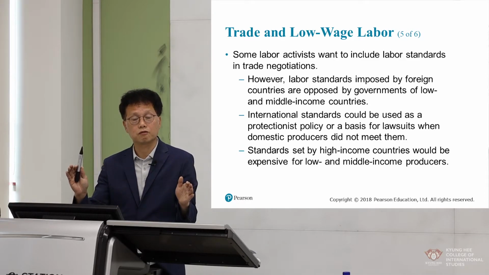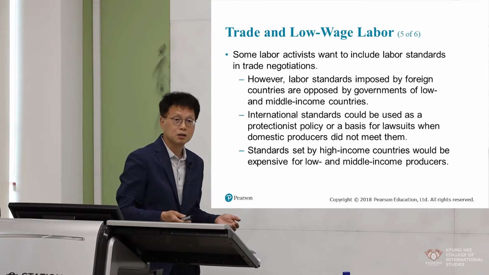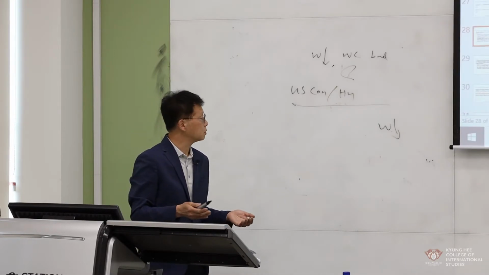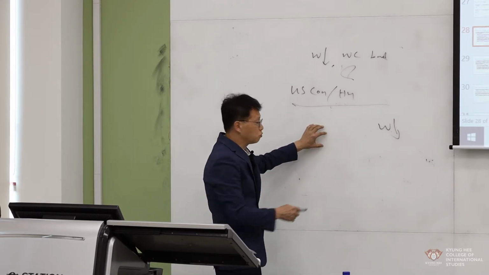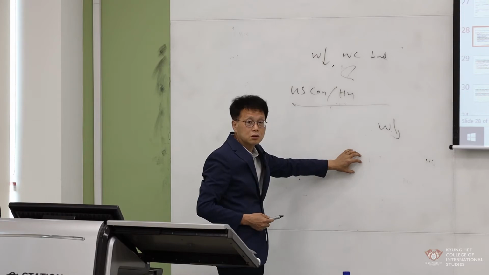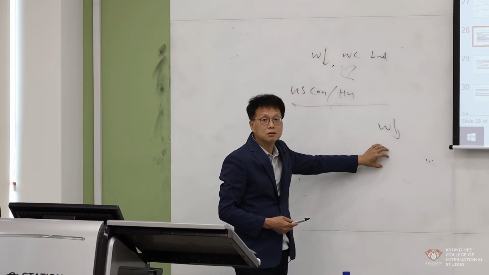His argument was very simple. If wage rates increase and working conditions improve, then what happens? Developing countries have to produce the same good with higher cost, and it should be sold at the world market at a higher price.